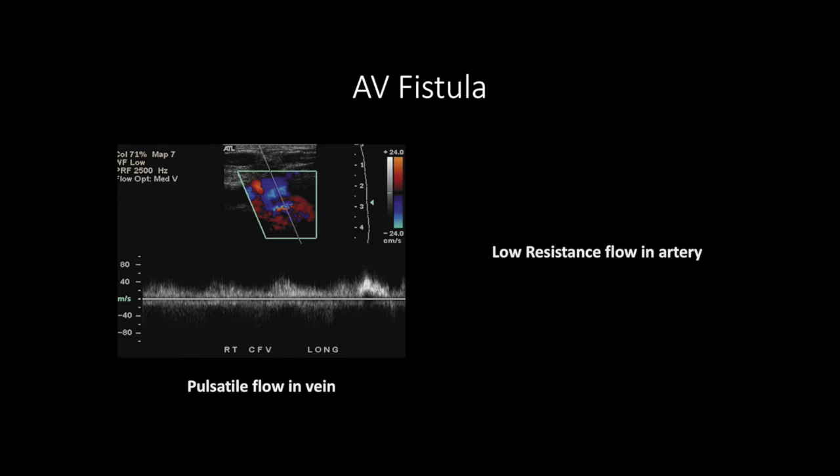As a result, as you'd expect, the arterial pulsatile flow is transmitted into the vein, and you're going to see pulsatile flow in the vein like we see on the left here. That's one sign. And if you looked at the artery, usually it's high resistance, but because the arterial flow can follow a low resistance path into the vein itself, we're going to see a lower resistance flow in the artery itself. So that's what we're going to look for in an AV fistula.